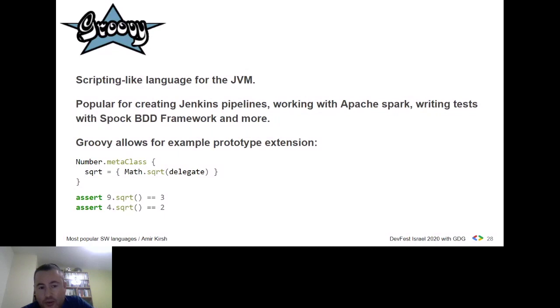But still Groovy is relevant for Jenkins pipelines and other usages, but probably not for generic scripting or backend.